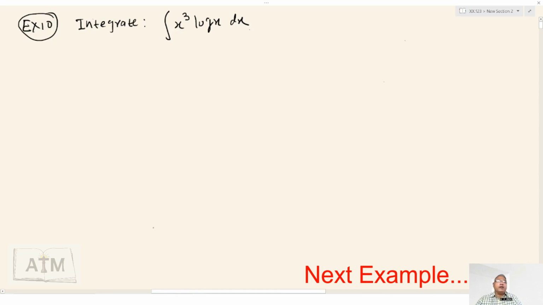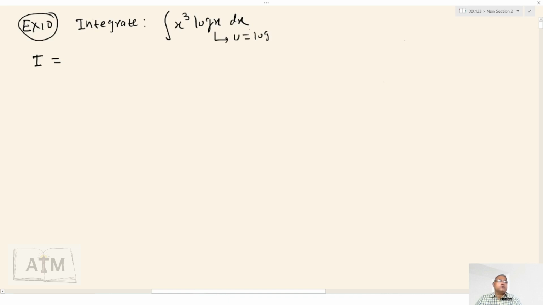Example 10. Integrate x cube into log x with respect to x. Quite an easy problem. I equals, here u equals log x and v equals x cube.